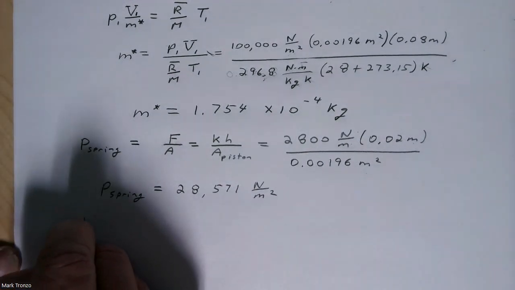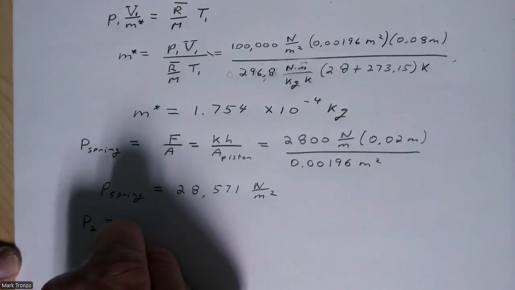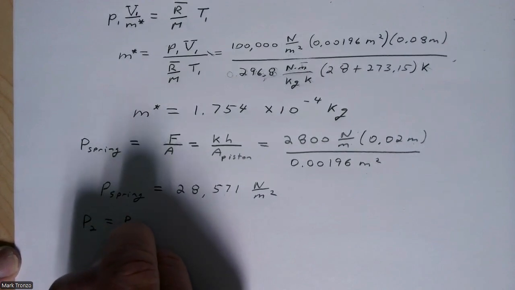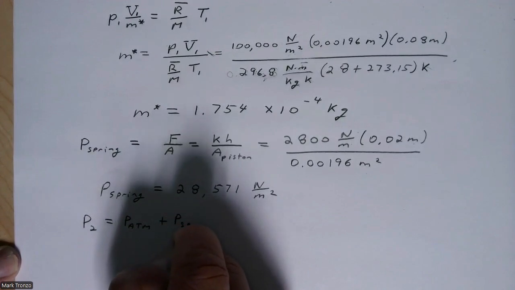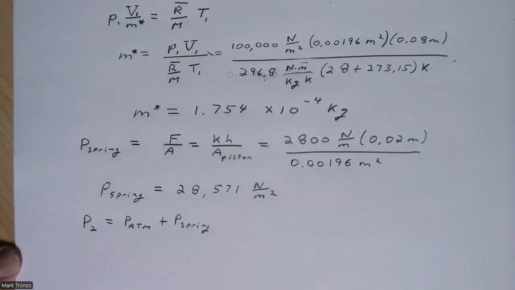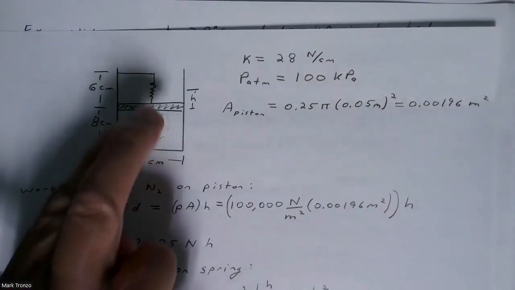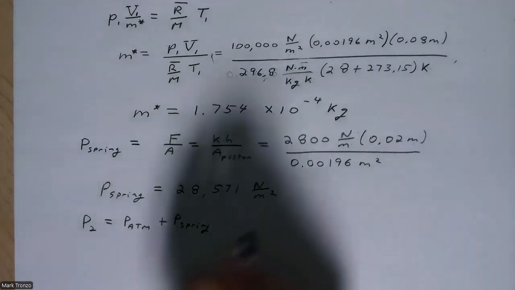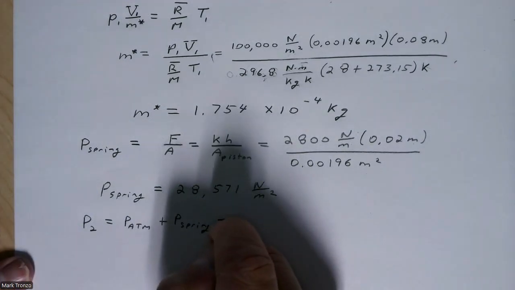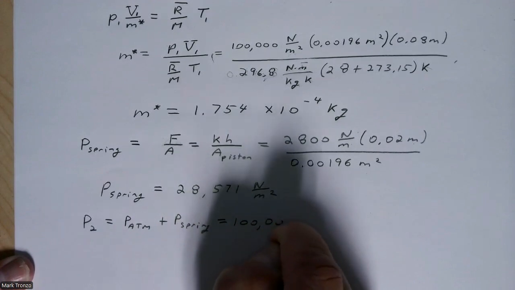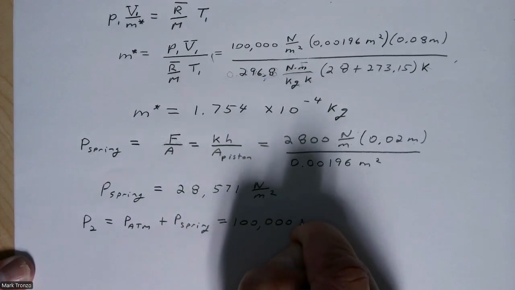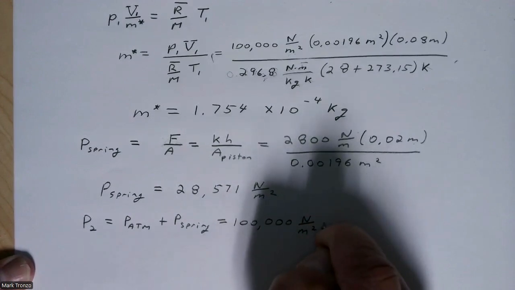So then the total final pressure, P2, is going to be the atmospheric pressure plus the pressure caused by the spring. Again, remember the atmospheric pressure is pushing down here, and we're told it's 100 kPa, which is 100,000 pascals, which is the same as 100,000 Newton per meter squared.